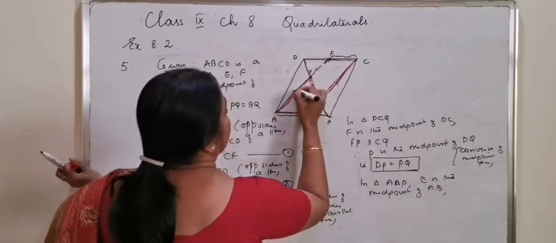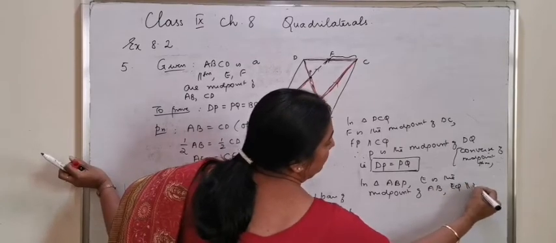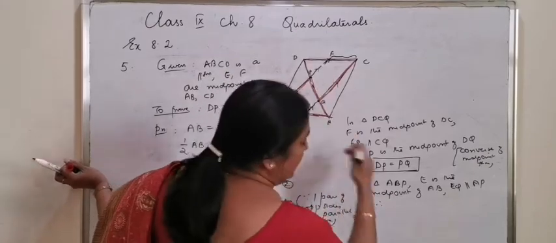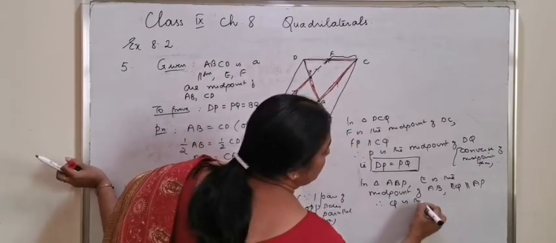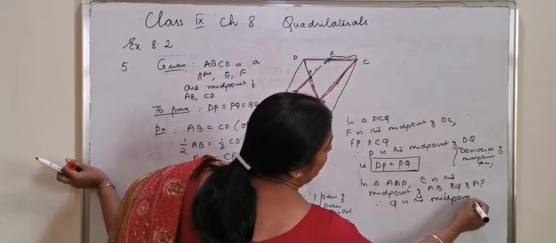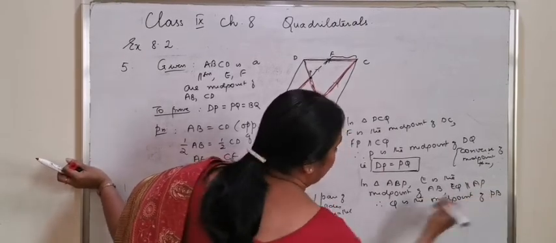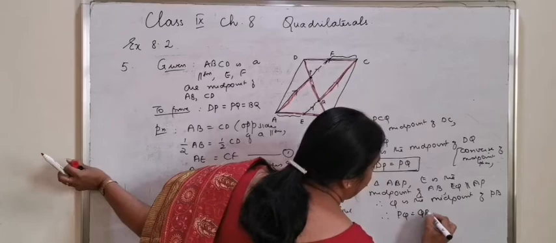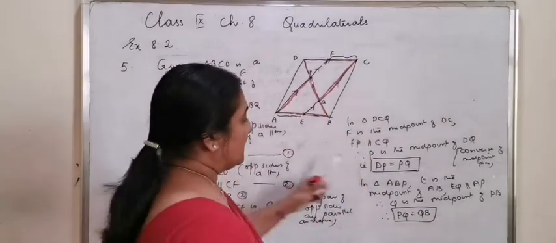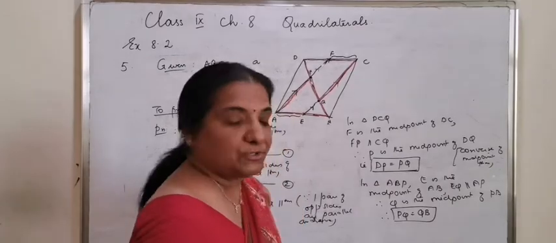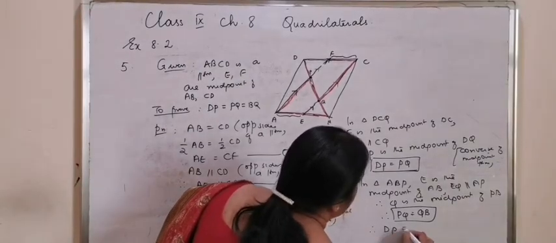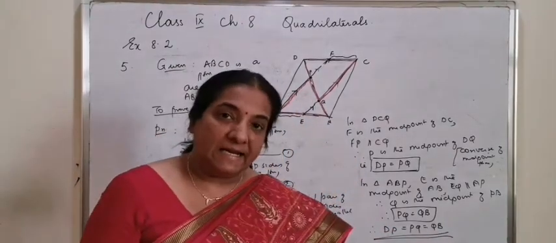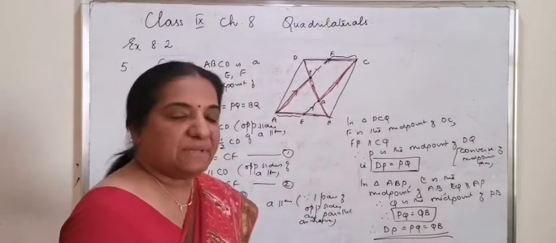Again, EQ is parallel to AP. Therefore, Q is the midpoint of PB. Therefore, PQ is equal to QB. Now see, DP is equal to PQ, PQ is equal to QB. Therefore, DP is equal to PQ is equal to QB. Hence the proof. That is, the diagonal BD is trisected at P and Q.